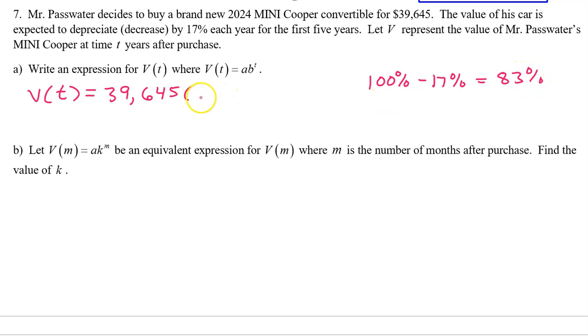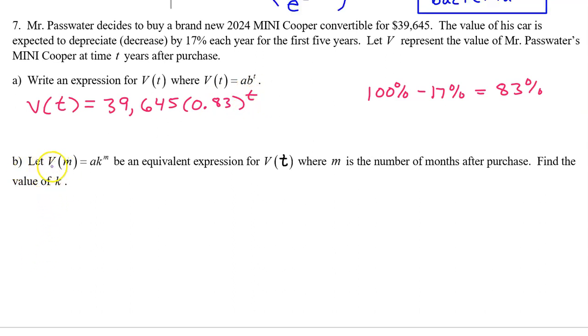In the formula, this goes in as a decimal. So move the invisible decimal point, which starts out here by default, 2 places to the left, and we get 0.83 for the growth factor, and then the power of t.